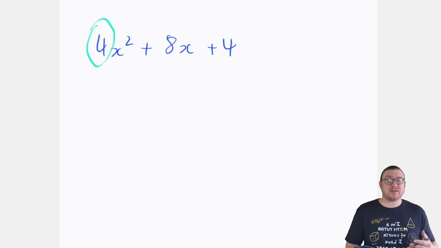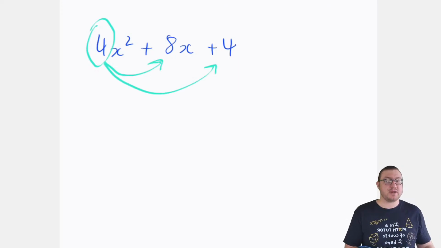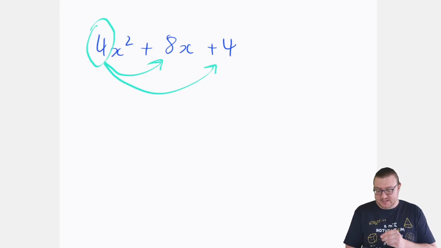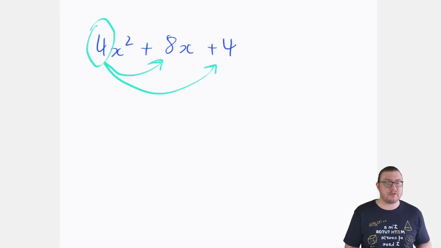In order to make this easier, we want to make sure that we first check, can each number be divided by the number in front of x? If this is the case, you're lucky because then you don't actually have to do anything more difficult. It's again the standard way of factorizing. But we first need to factor out the 4.